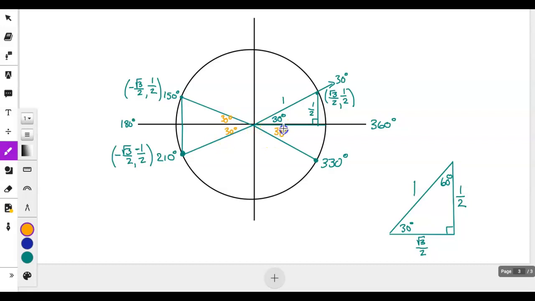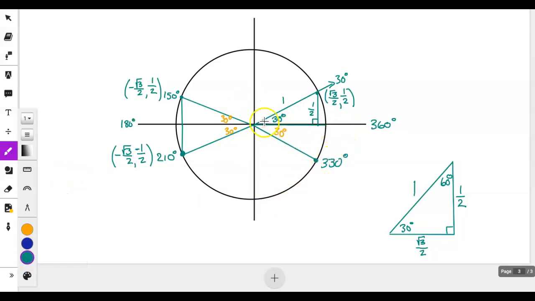And remember, the x-axis over here is 180. So I went 30 past it and got 210. But now this will be 360 if I went the whole way around like this. But I'm stopping 30 degrees short, so that's where I got 330.